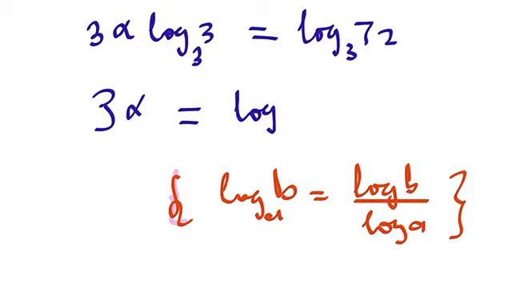Using that, we're going to use that method here. So that's going to be, we're going to have log 72 divided by log 3.